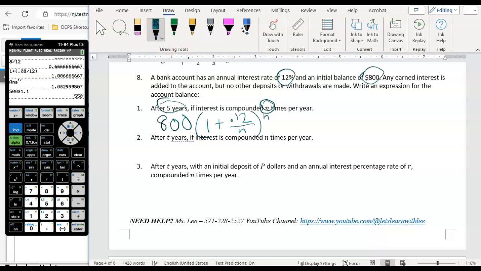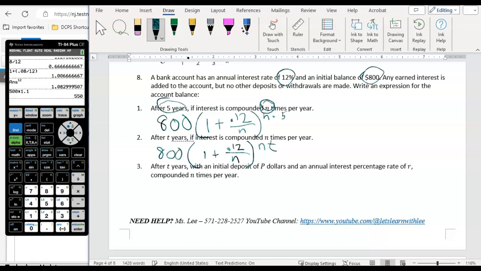And then if it's 5 years, times 5, depending on how many times it's compounded. After t years, if interest is compounded n times per year, it's 800 times 1 plus, again, 0.12, that 12% divided by the number of times we do it, to the power of n times t.